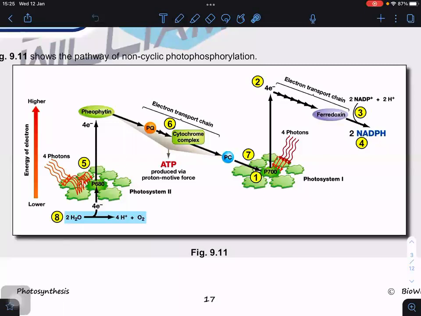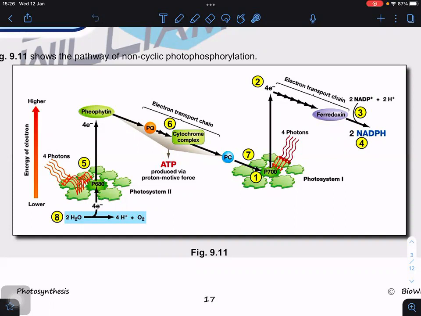But in order to explain it better, I always start with photosystem 1. So you can see process number 1, process number 2, process number 3, and process number 4. So what actually happens here, look at this, guys. I always explain here photosystem 1, where our reaction center is P700.